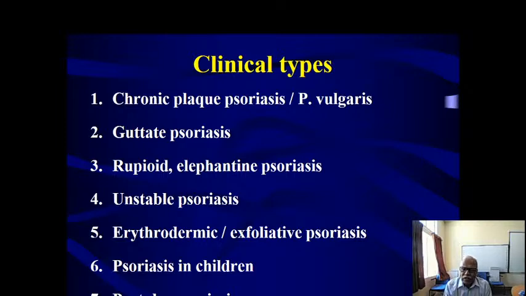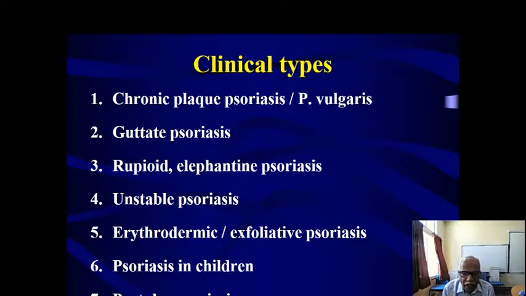Then elephantine psoriasis, that means due to hypertrophy, they go on producing more plaques. They are usually confined to the lumbosacral areas. It's called elephantine psoriasis. Then another clinical type is unstable psoriasis. That means there is no regression.